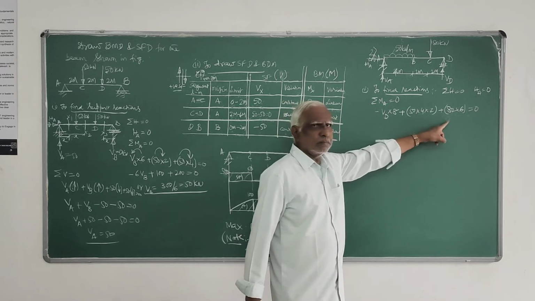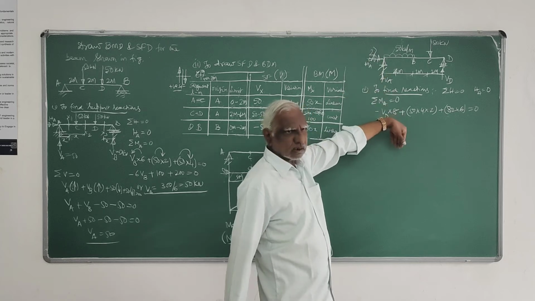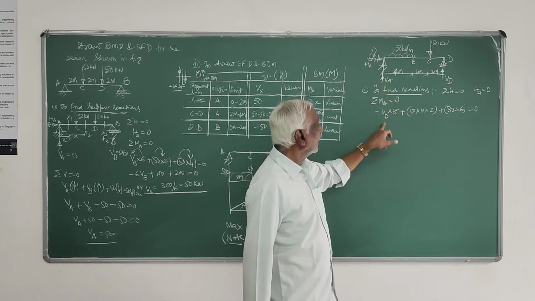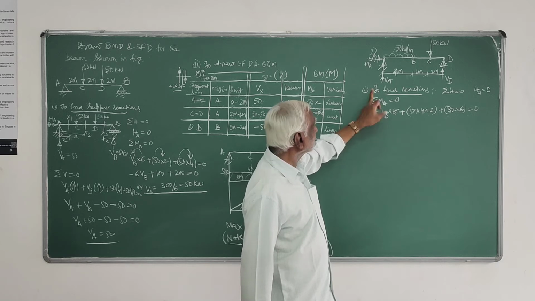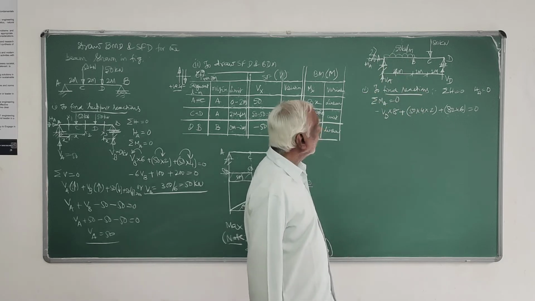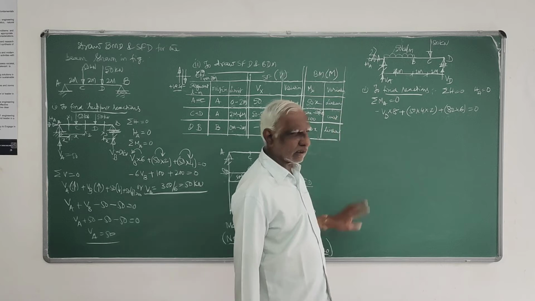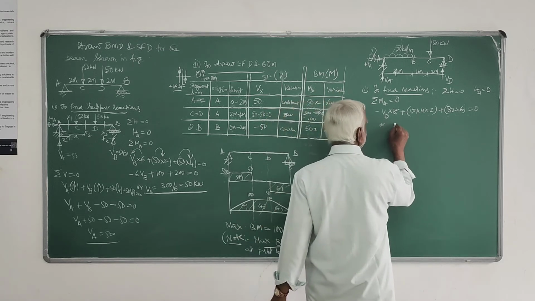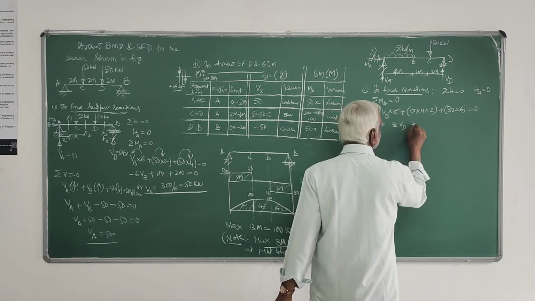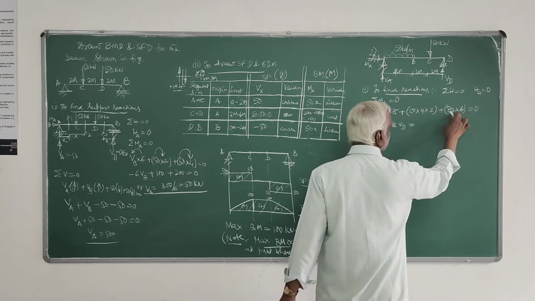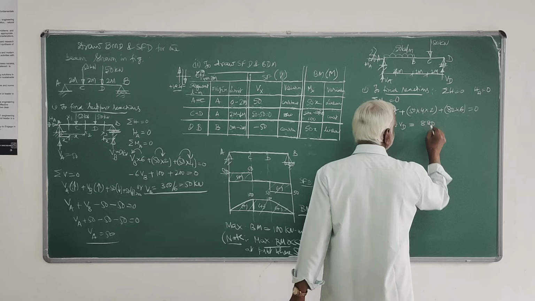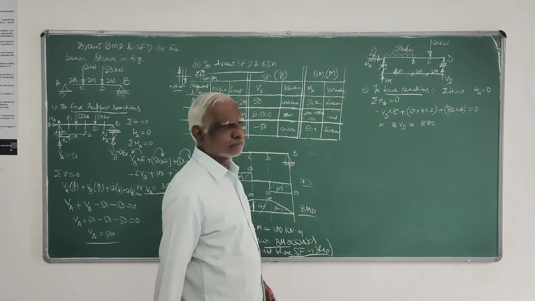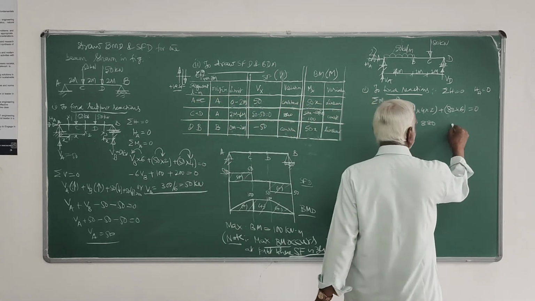These two are positive because they give clockwise moment, and VD into 8 is anticlockwise. So 8 VD is equal to 400 plus 480, that is 880. Therefore VD is equal to 110 kilonewtons.